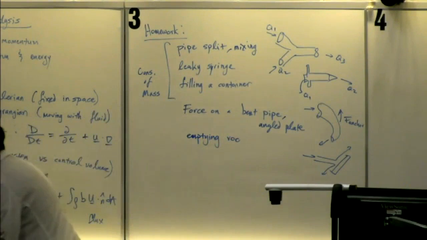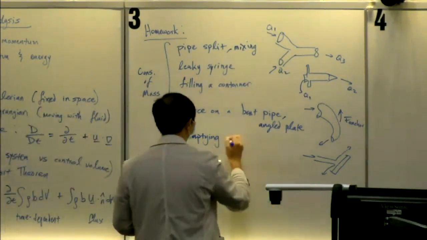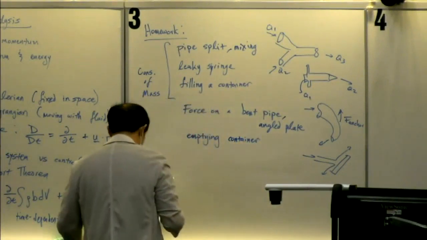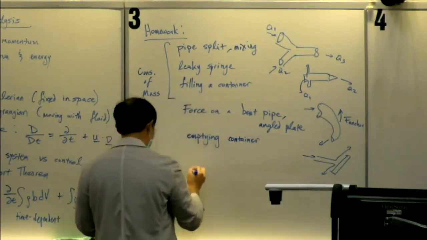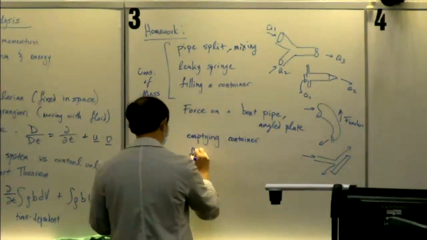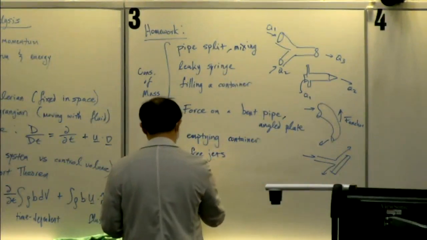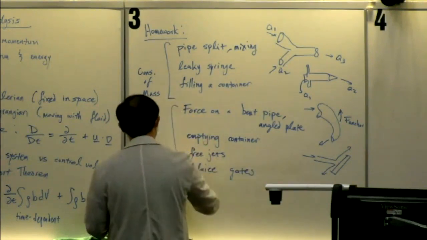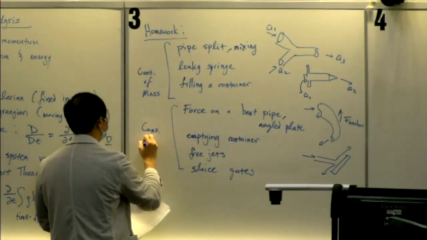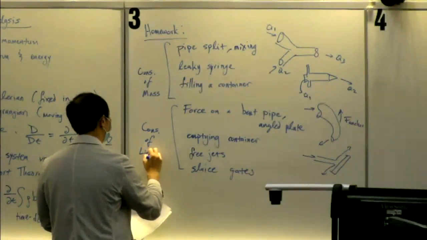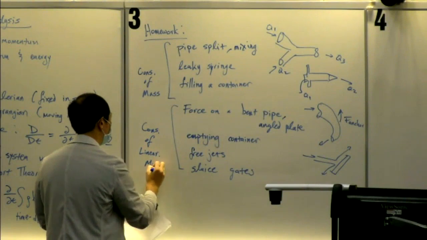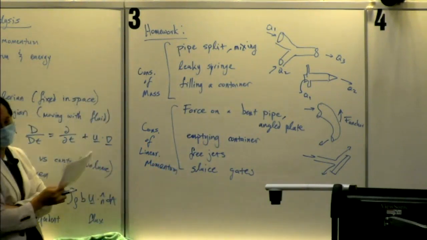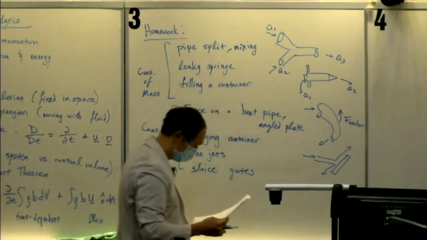If you empty containers, there's a force on them, not just due to them getting lighter, but also due to the fact that fluid's leaving from one end. And there's a problem in the homework about sluice gates. So these problems are conservation of mass, of linear momentum. I'm probably going to use the word mom for momentum later, just because it's going to get long, but I'll write it for the first time here.